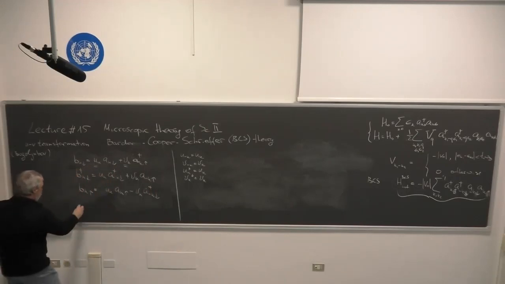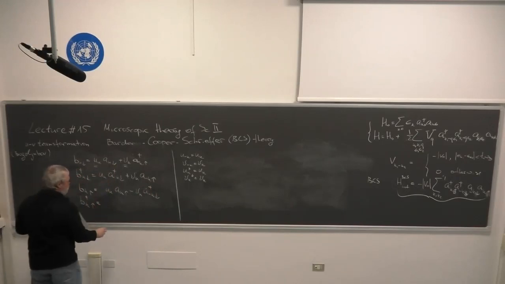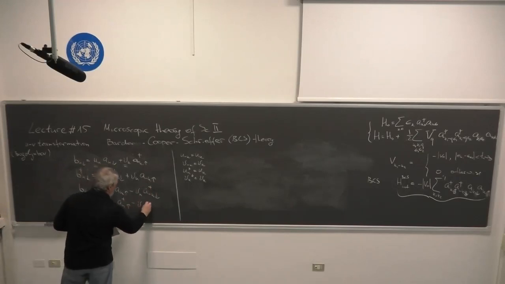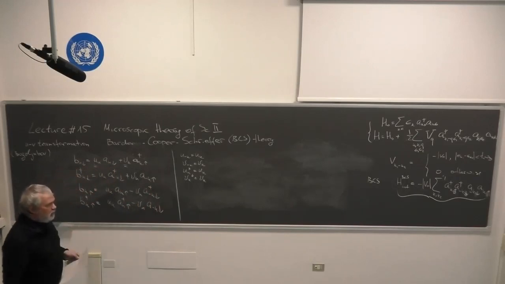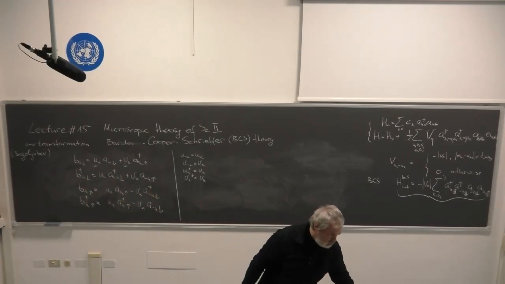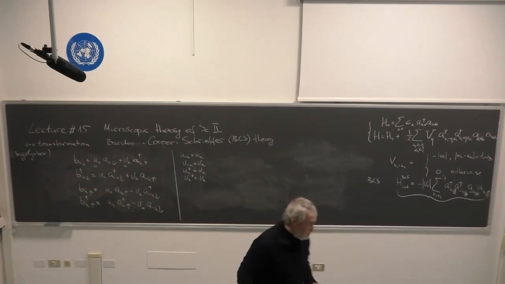And therefore b dagger k up is equal to u k a dagger k up minus v k a minus k down. In a short form, of course, I need only a pair of the states.